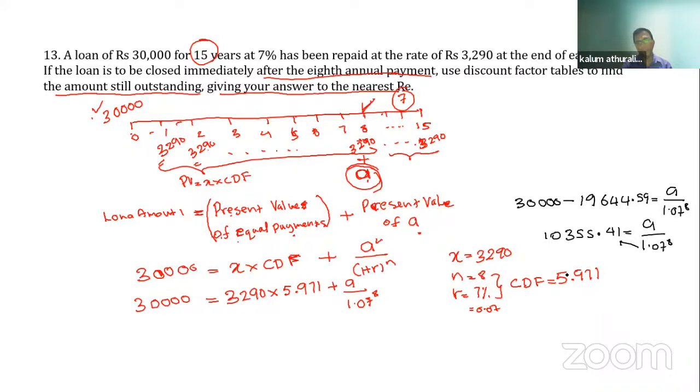This will go to the other side. Then you can multiply these two: 10,355.41 times 1.07 to the power 8 equals A. A equals 17,790. Answer is D.